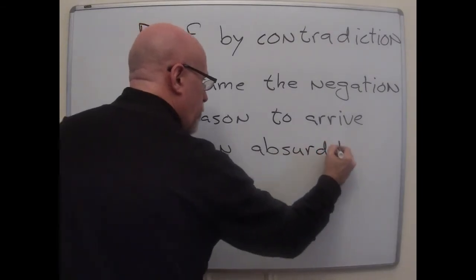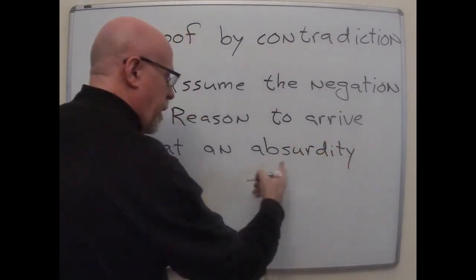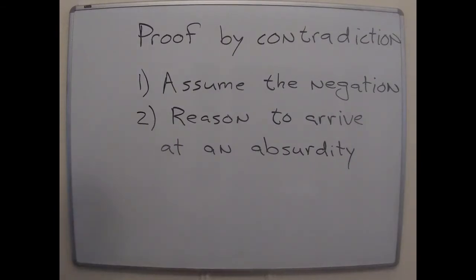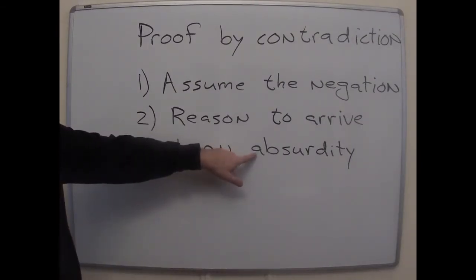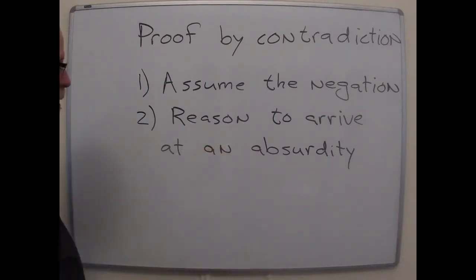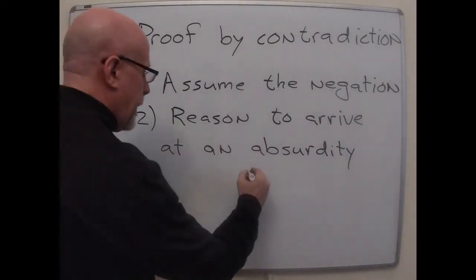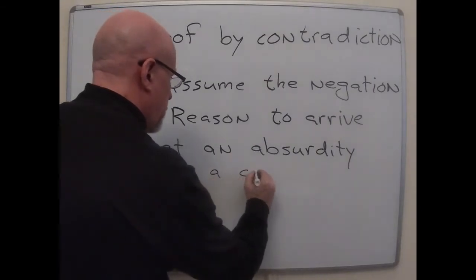One word that people use for this is an absurdity, something that's absurd. But that's sort of an old school use. Most people today would say reason to arrive at a contradiction.